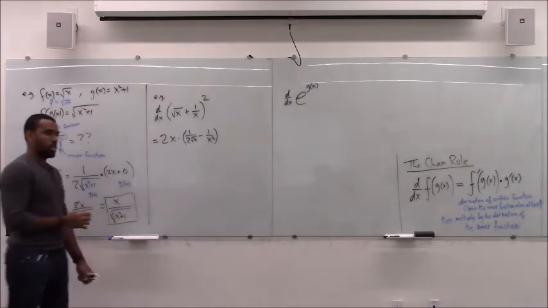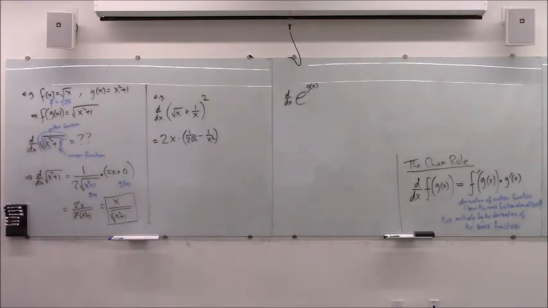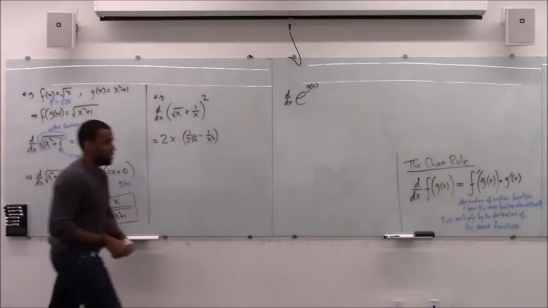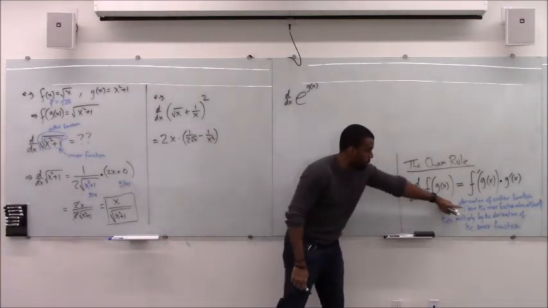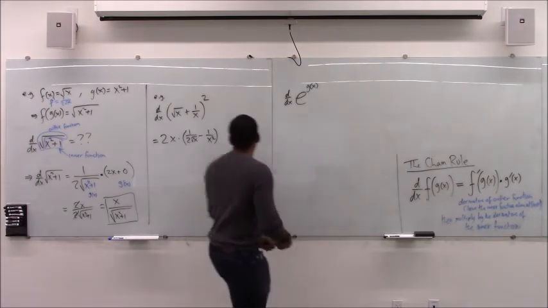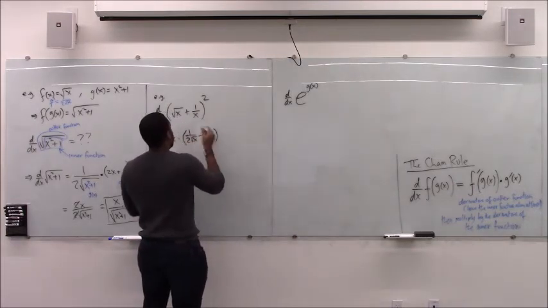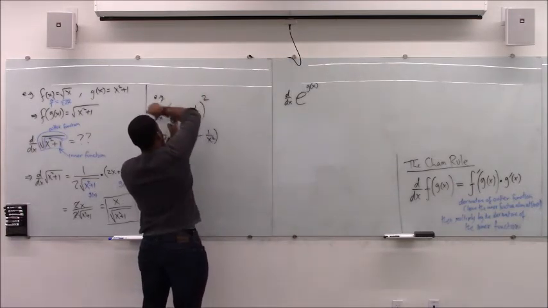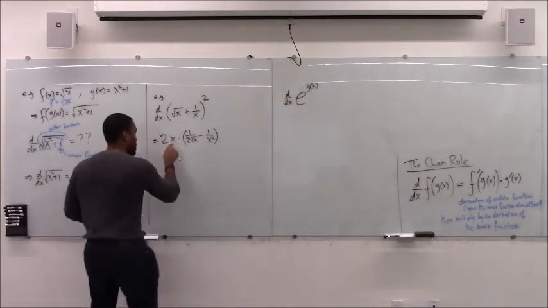Nope, something's off. Yeah, the first part should be 2, and then in parentheses, square root of x. You have to leave the inner function alone first, the g of x. So, yes, if you have something squared, the derivative is 2 times that thing, but you have to leave that thing.